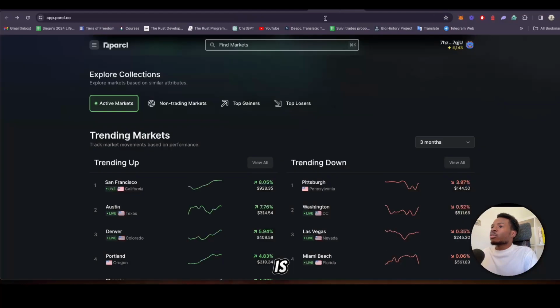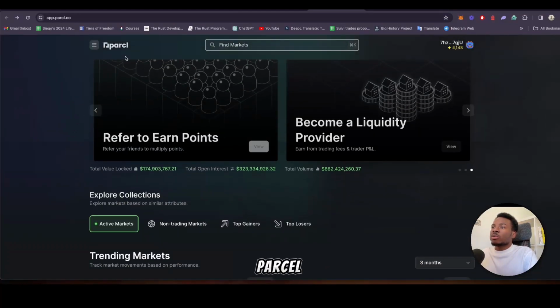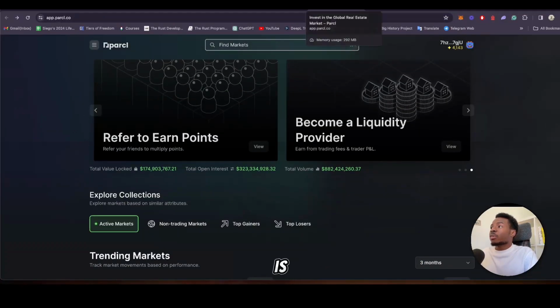The next one on our list is called Parcl. What Parcl does is a very innovative use case of crypto and blockchain, right? It allows you to invest in hot real estate markets around the world.